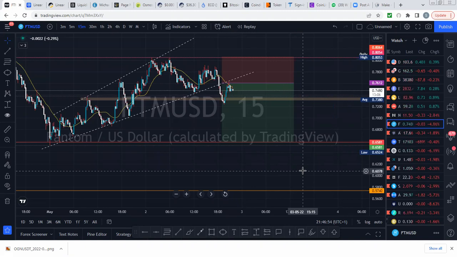trend lines, market structure, chart patterns, fib levels, moving averages, sentiments, or the use of fundamental analysis.